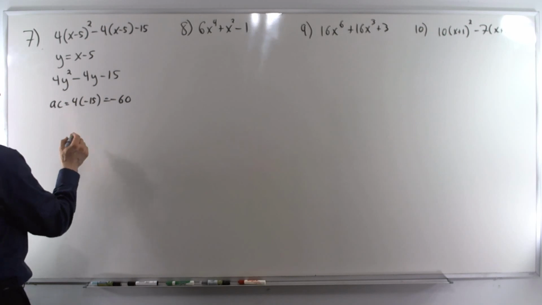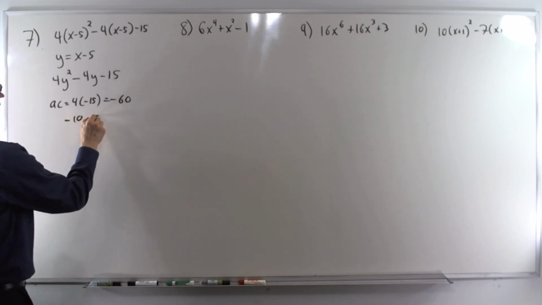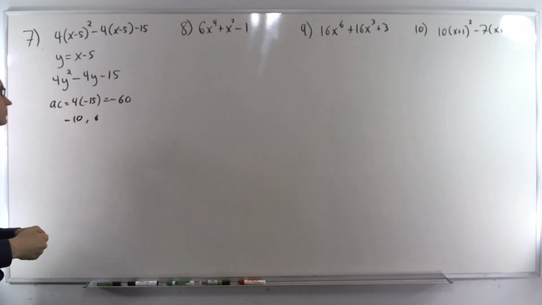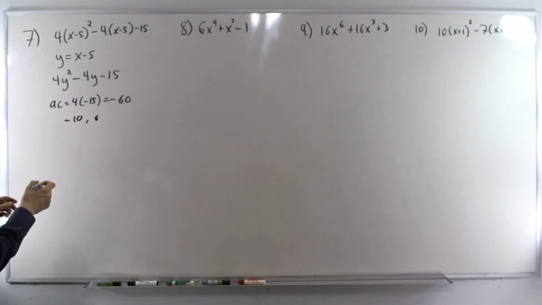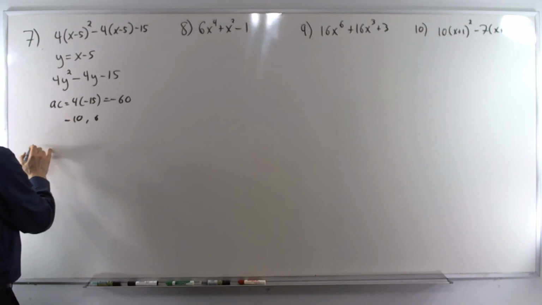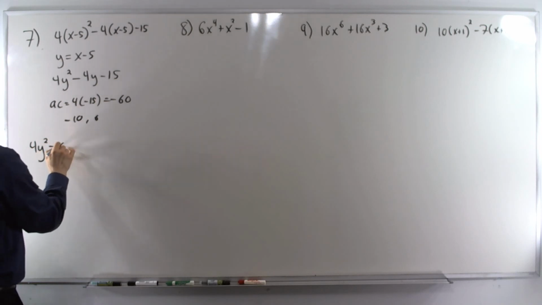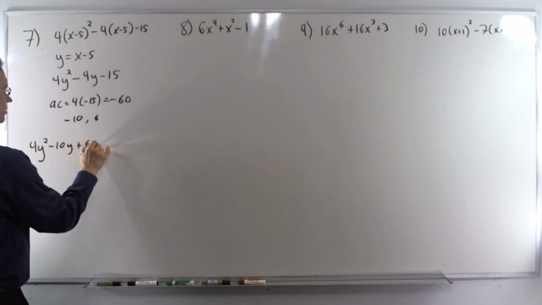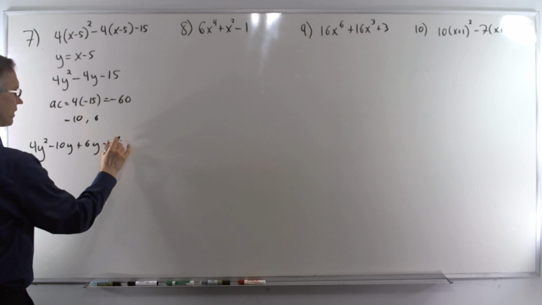So we got negative 10 and 6. So now if you use the factor by grouping method, we got 4y squared minus 10y plus 6y minus 15.